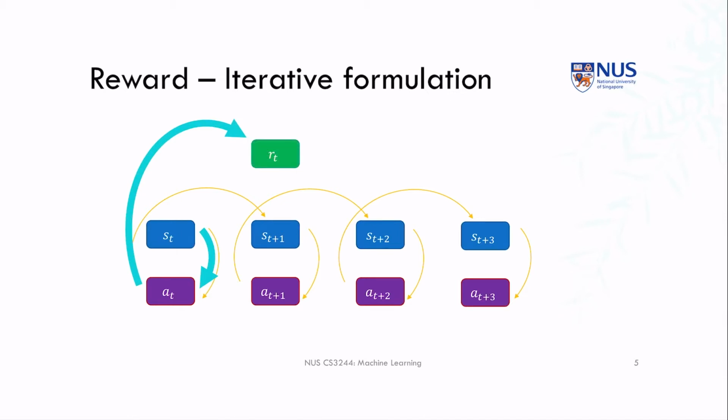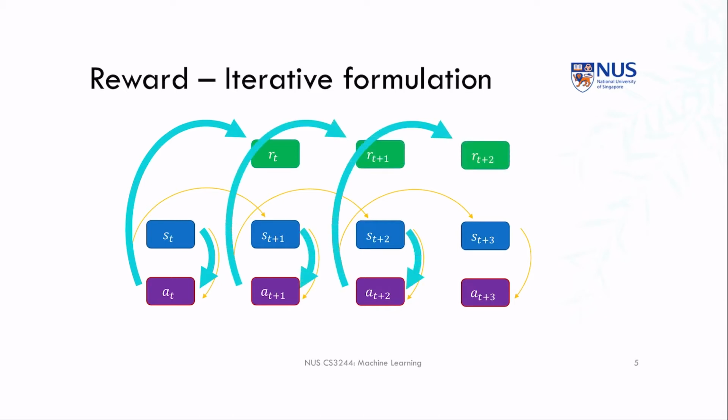So the RT comes actually at time t plus 1. We're informed about the reward one step later. And you can see where this is going. So we get R t plus 1, R t plus 2 at subsequent time steps, always one ahead of the actual timing.